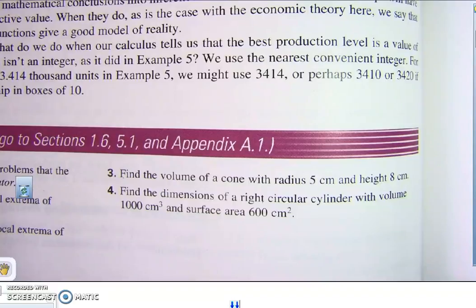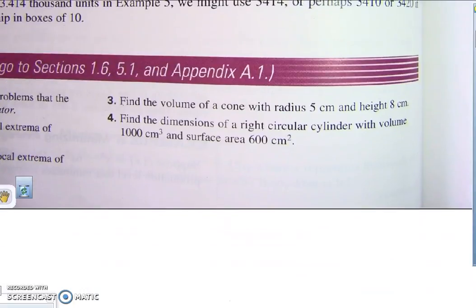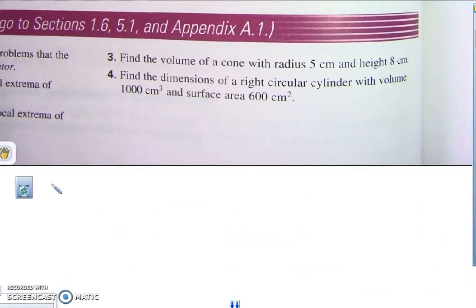So before you can start solving this problem, a quick refresher: the volume for a right circular cylinder is V equals pi r squared h. So that's for the volume.